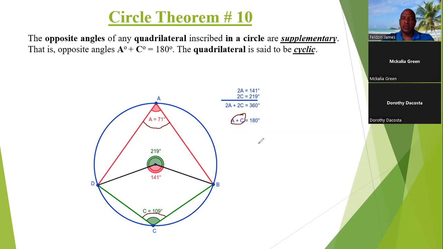So that is true for all what we call cyclic quadrilaterals. The opposite angles, when you add them, you will get 180. So if A plus C gives you 180, then angle D plus angle B will also give you 180, because those are also opposite angles, and because the quadrilateral is cyclic, these two angles are also supplementary.